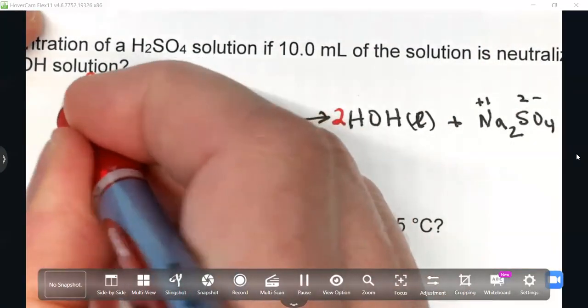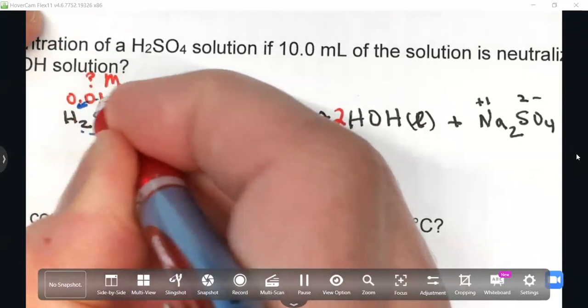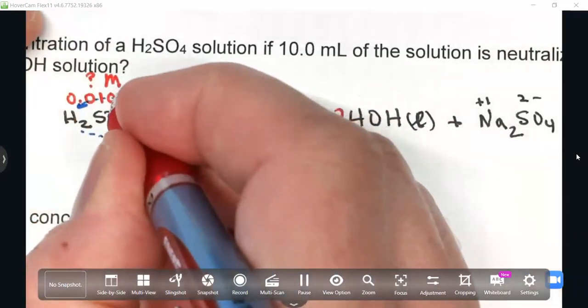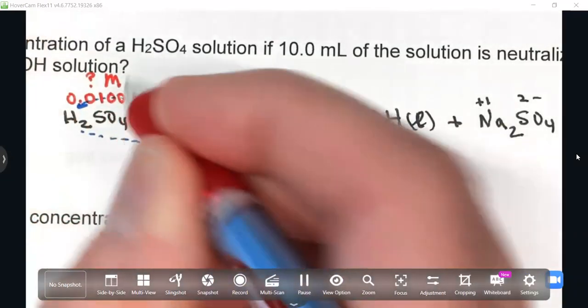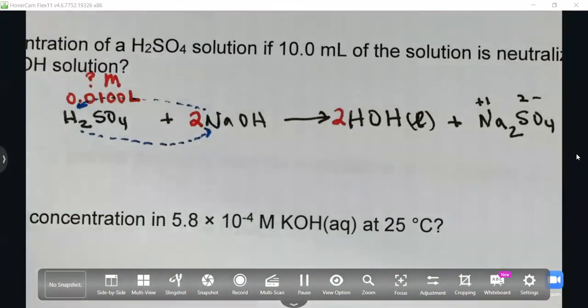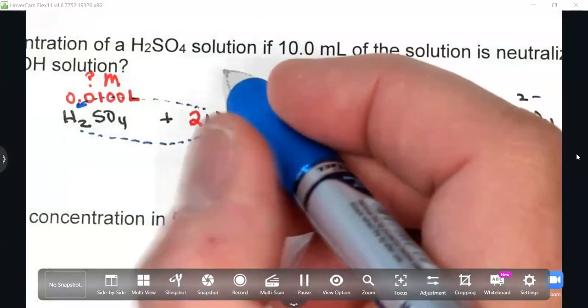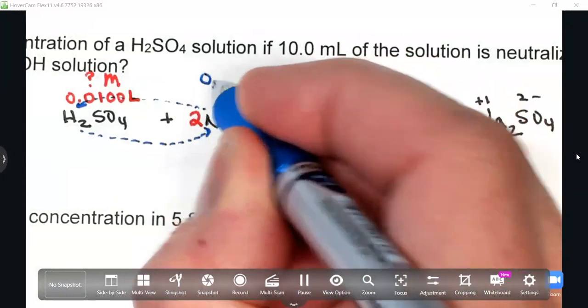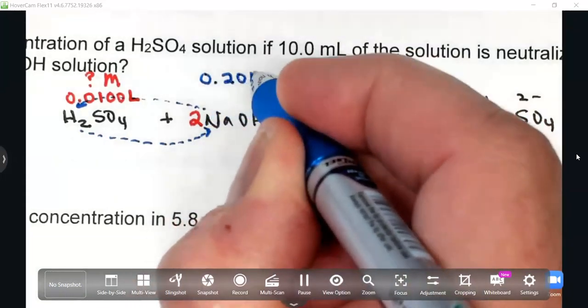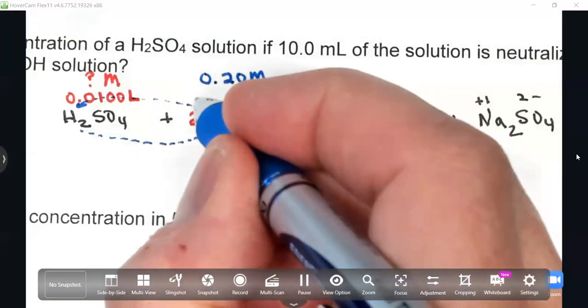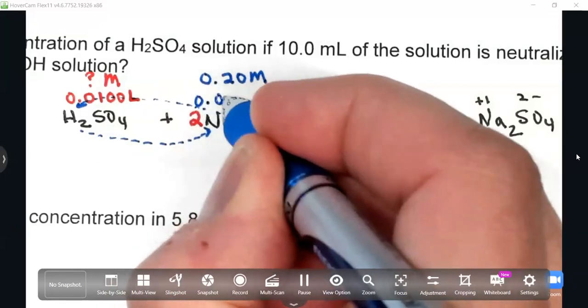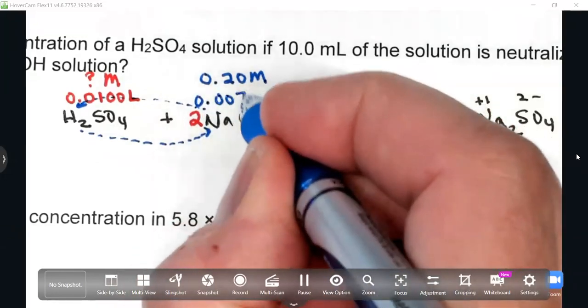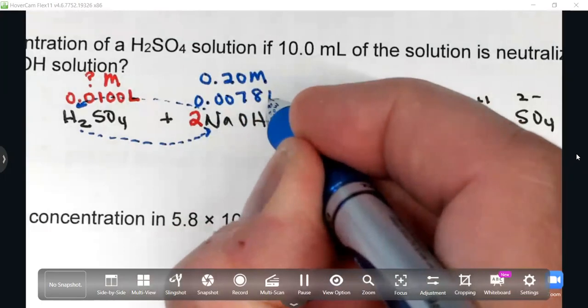And 0.0100 liters of solution. And this one here is 0.20 molarity and 0.0078 liters of solution.